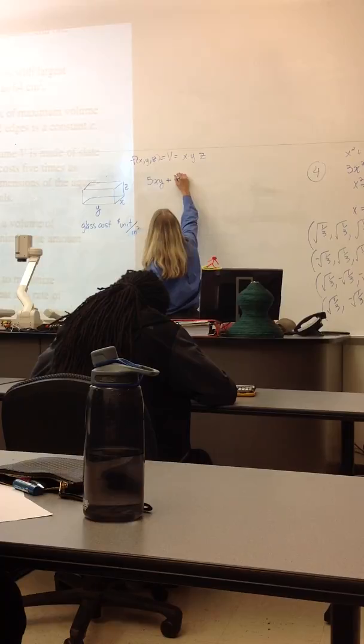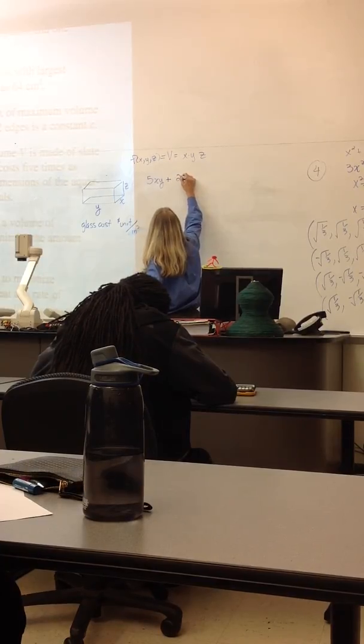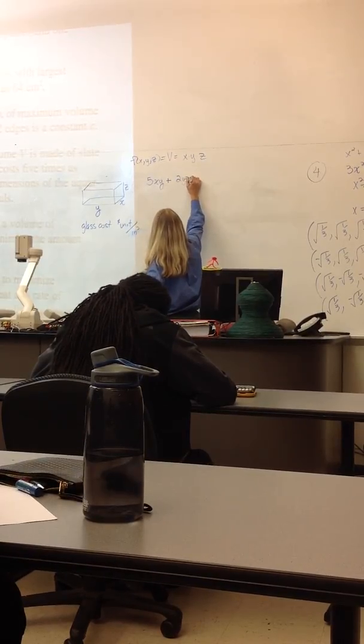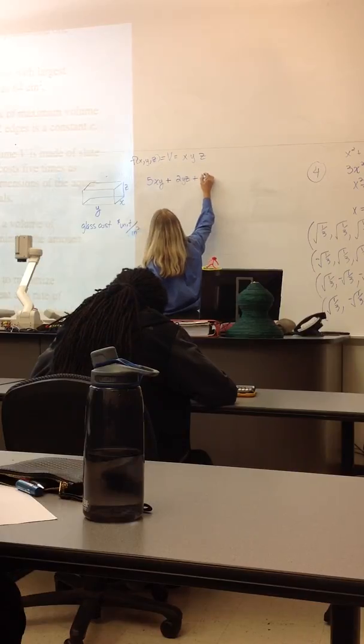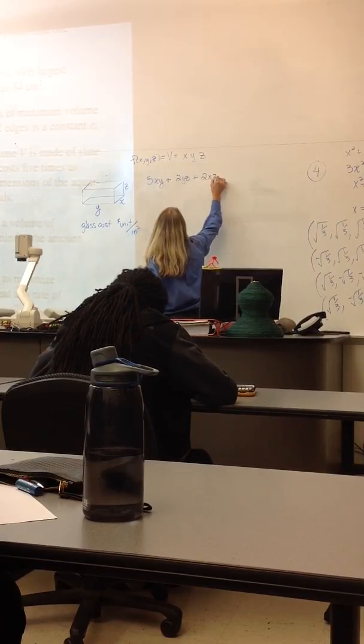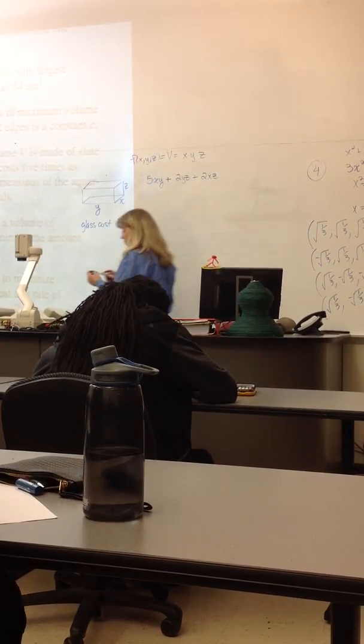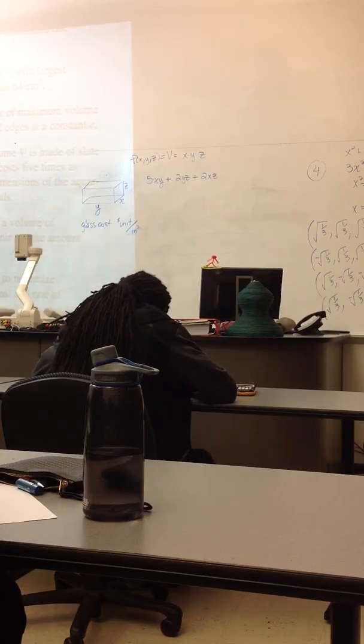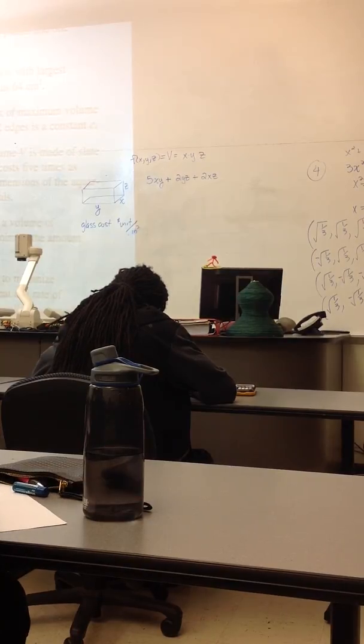So I have 2 sides of glass that are y times z, and I have 2 sides of glass that are x times z. Again, I know I don't have any dollar amounts in there, but if you make the glass 1 monetary unit per area, then the bottom is going to be 5 times that.